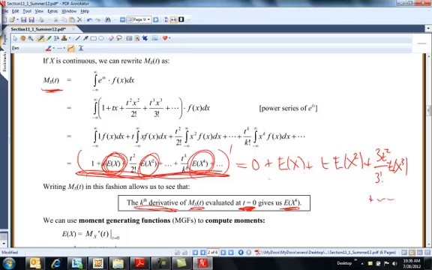So notice now, if I put in t equals 0, it's going to wipe out every term after this first term. So if I take the first derivative, stick in t equals 0, all these disappear and I'm left with the expected value of x.